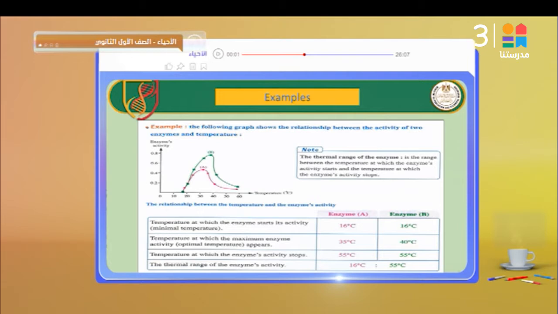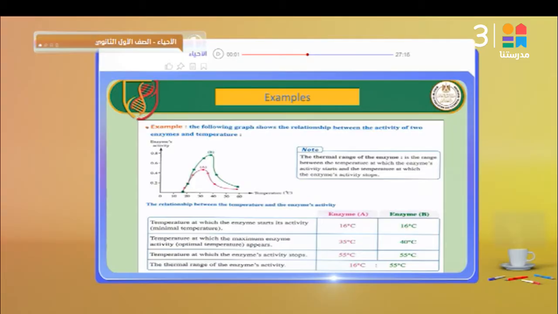The temperature at which the enzyme starts its activity, the minimal temperature, is 16 for enzyme B. The temperature at which the maximum enzyme activity appears, the optimal temperature, المثلى أو الدرجة الواقعية، تمام؟ appears at 35 to 40.